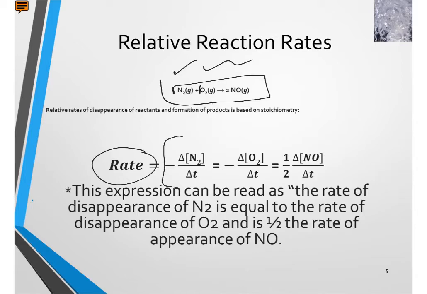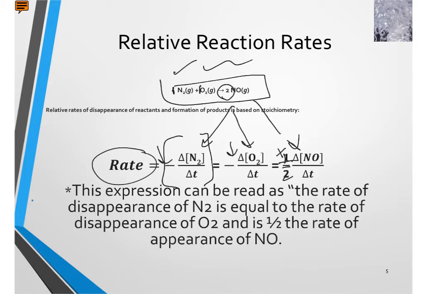So rate with respect to nitrogen, with respect to oxygen. Notice they both have negative signs. They're both reactants. And the rate with respect to the one product, nitrogen monoxide. Okay, there's a positive there. And we have taken the coefficient of 2. It's 1 over whatever the coefficient is.